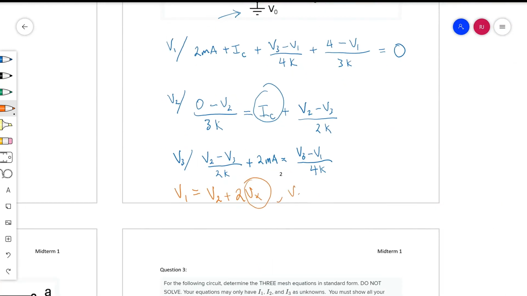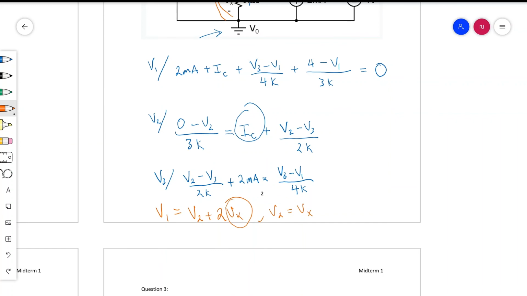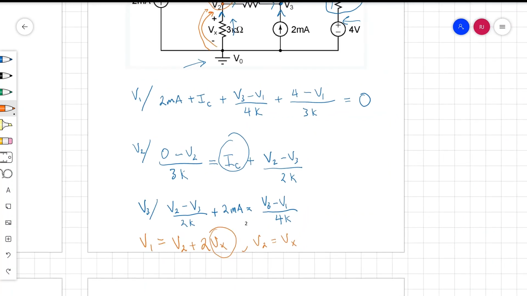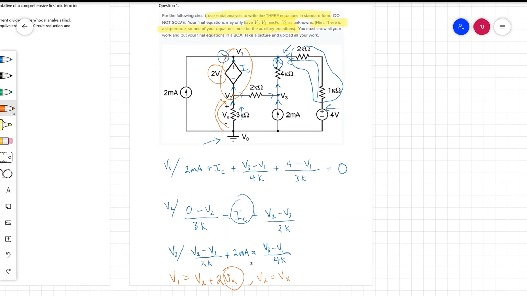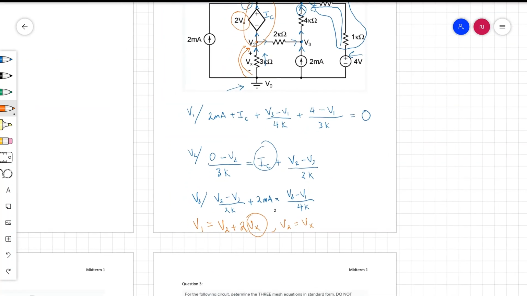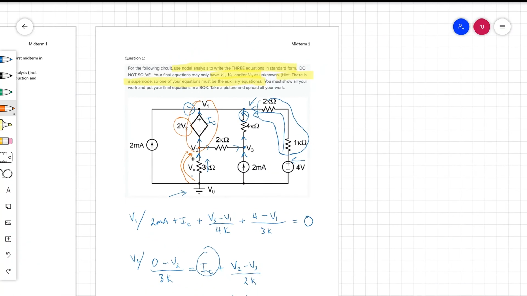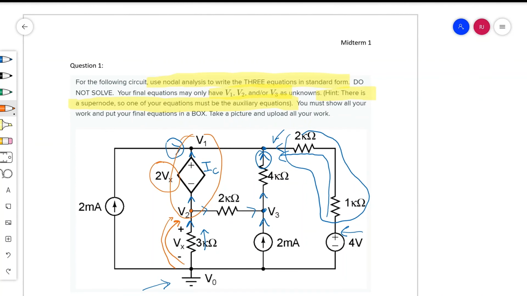At this point, we have a total of 5 equations and 5 unknowns, and so we have everything we need in order to solve this circuit. The way I would approach this during an exam, I might leave this toward the end and move on to the other questions so I can get all the work out of the way first. Because at this point, it's just algebra if you really want to simplify these equations into the standard form as they ask you for.